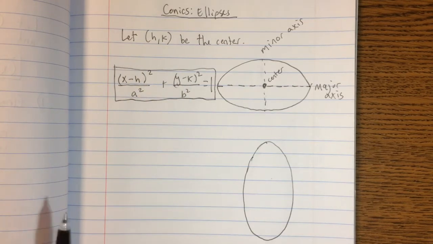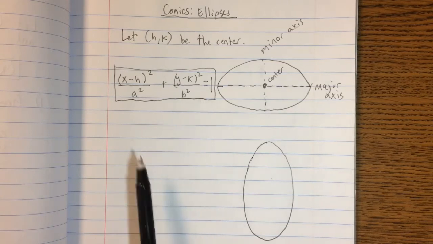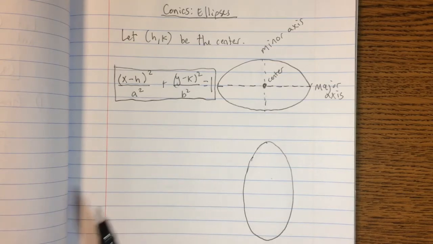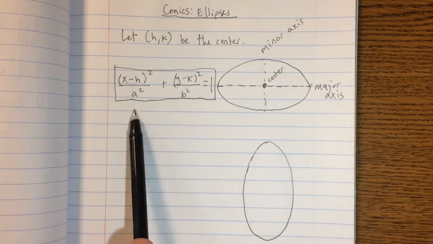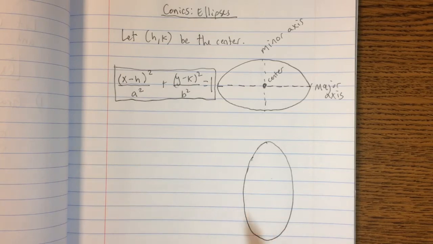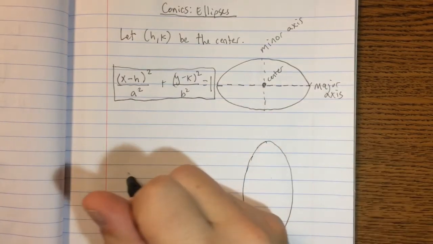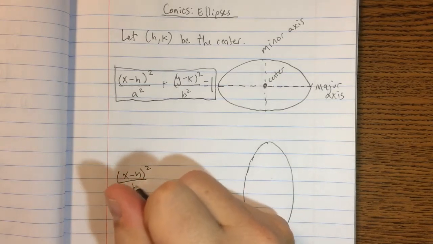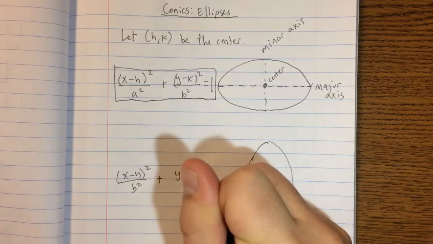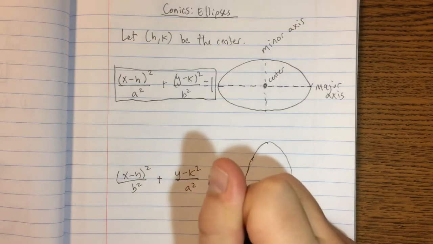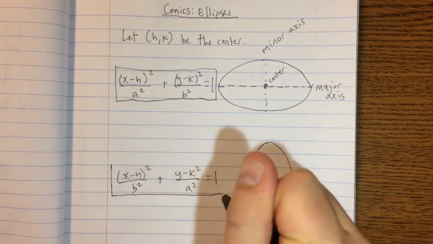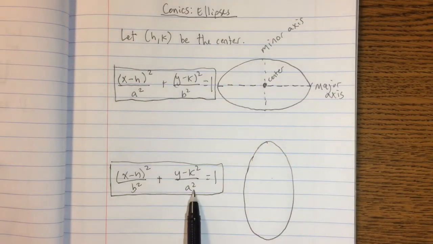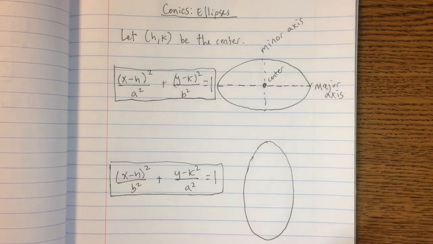So really the only difference between the equation we're going to use for this one and the equation we will use for this one is which number is bigger underneath each of these fractions. So I'm going to go ahead and write this one. (x minus h) squared over b squared plus (y minus k) squared over a squared equals 1. So they're very similar. The only thing that's swapped out are these denominators.